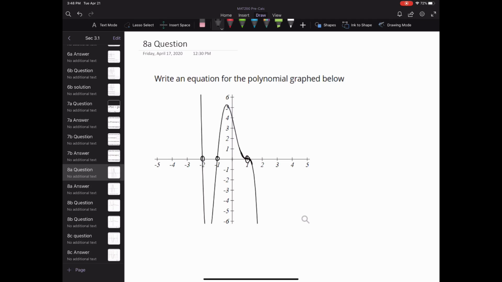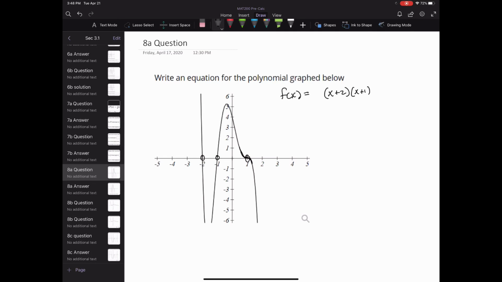So we are going to get f of x is equal to, well, if you have it in factored form, it should look something like this. X, remember that's a -2, so this must be plus 2, because that's a root. And then for this root, it would be x plus 1.